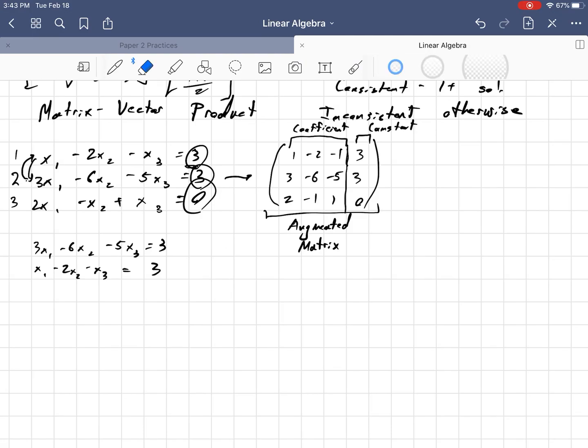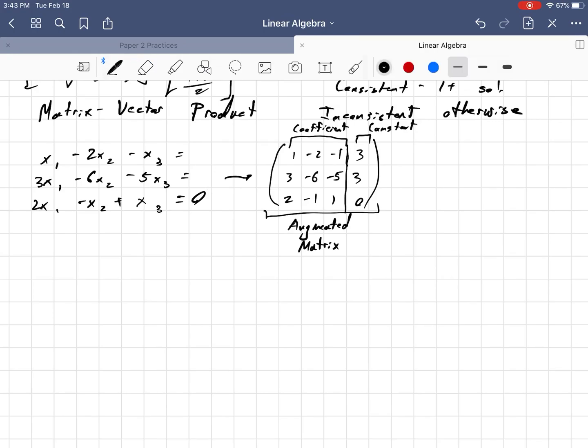Since these equations, in this case, represent planes, we can always multiply a plane by a scalar. That scalar will not change the solutions that the system gives, right? It's just a scalar multiple of what we already have.